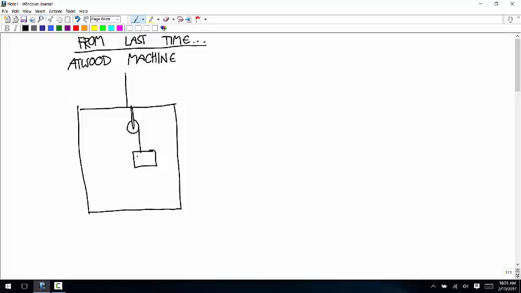I don't remember which side the big one was on, but we had a 10 and a 5. And this is an elevator.